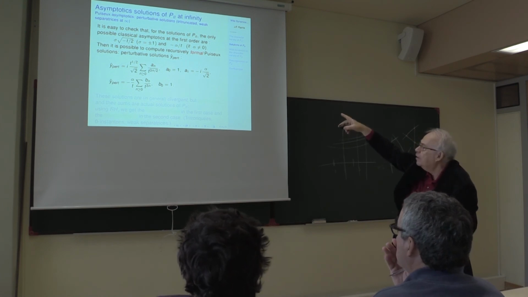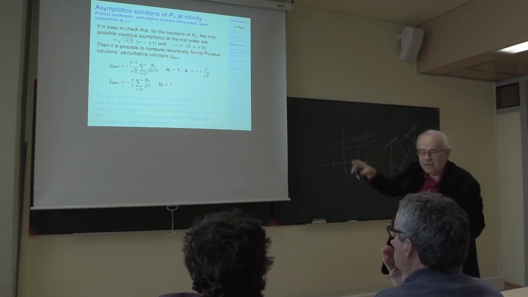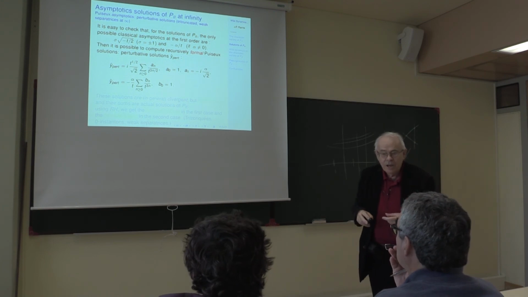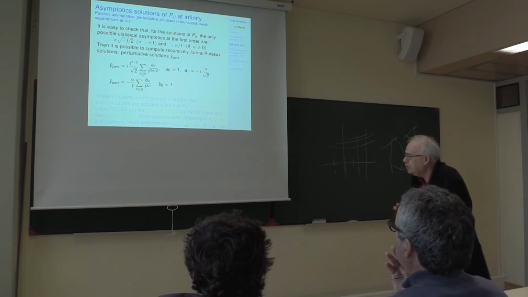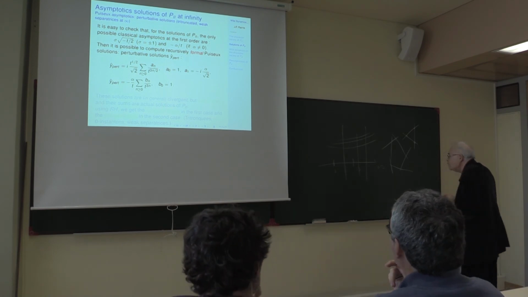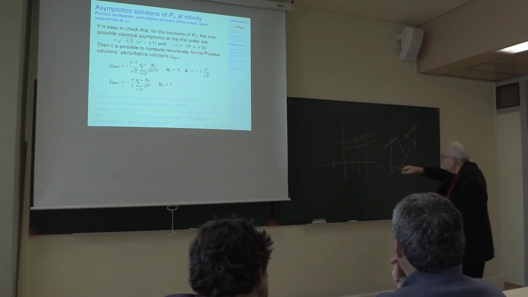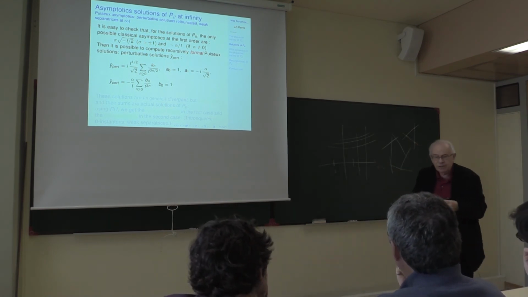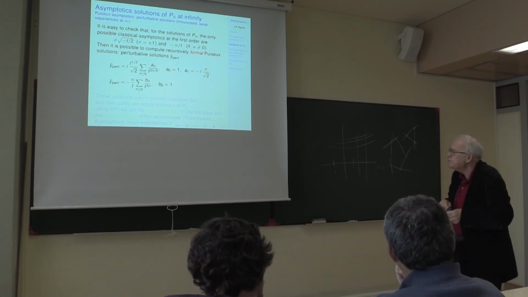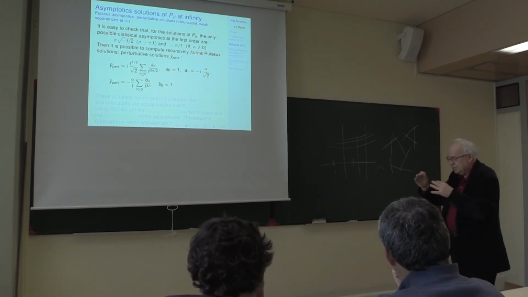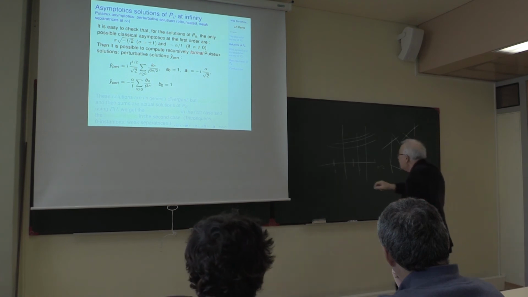I skip the particular case alpha equals 0 modulo Z. Just a word on what happens for particular values of alpha. If alpha is 1/2 modulo Z, then the hexagon degenerates into three lines.